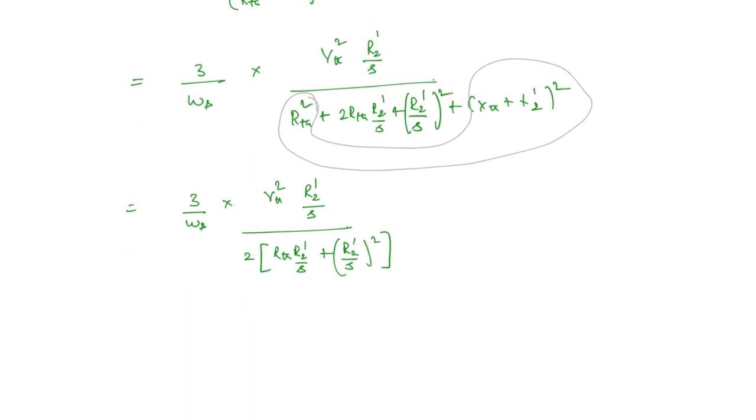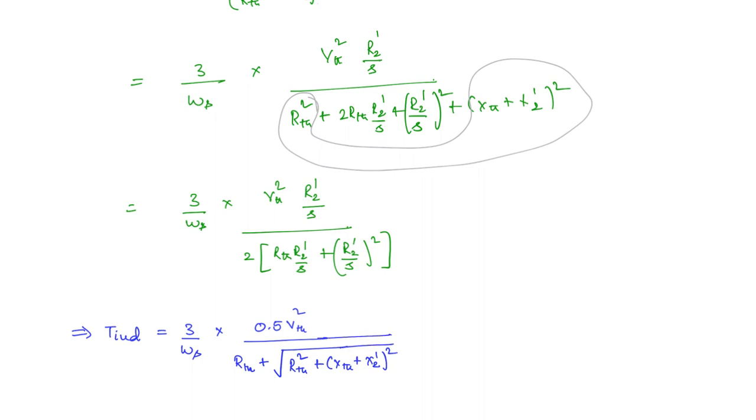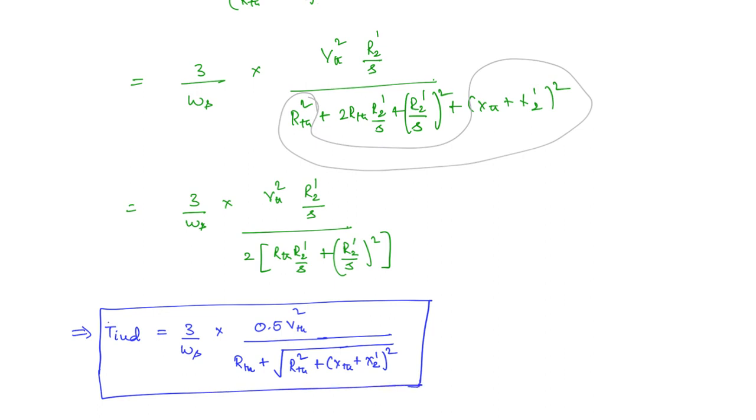Finally, if you substitute R2 dash by S in terms of RTH and XTH, what are you going to get? T induced is equal to 3 by omega S into 0.5 VTH square divided by RTH plus root over RTH square plus XTH plus X2 dash whole square, okay? So this is the expression for the maximum induced torque.